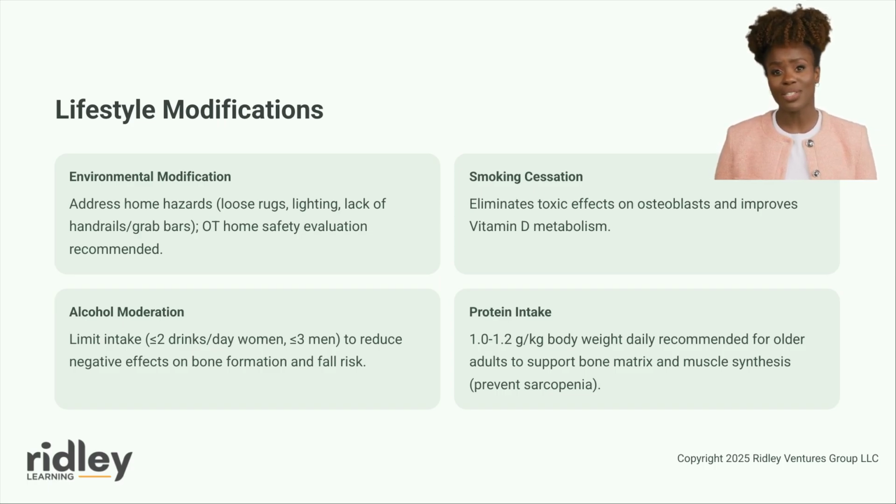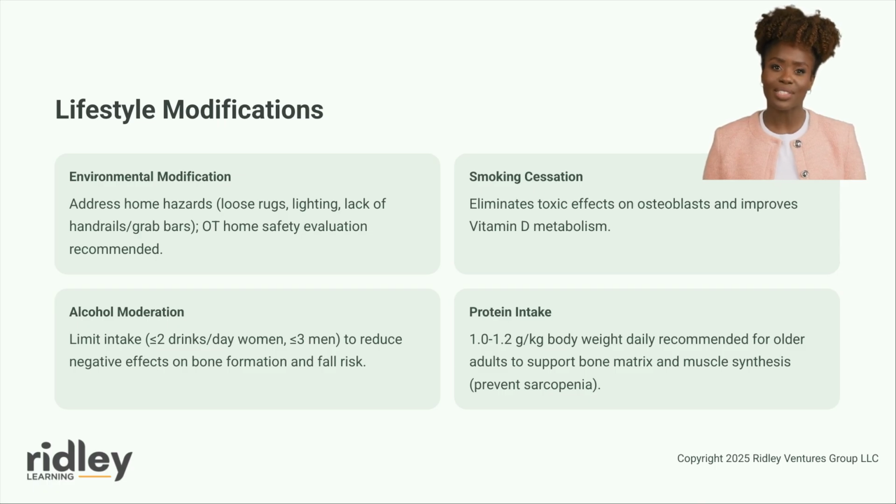Home safety evaluations conducted by occupational therapists or trained assessors can identify specific hazards and recommend modifications tailored to individual patient circumstances. Evidence supports the effectiveness of home safety interventions, particularly when delivered by occupational therapists and targeted to individuals at elevated fall risk. Lifestyle modifications beyond exercise address additional modifiable risk factors that influence bone health and fall risk.